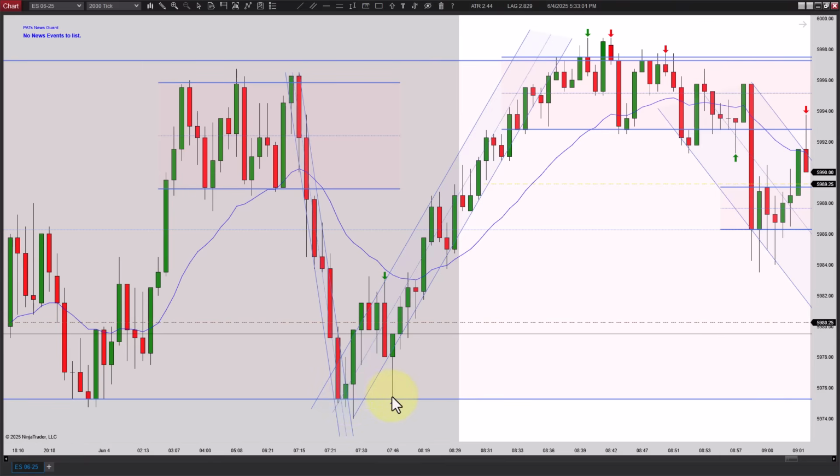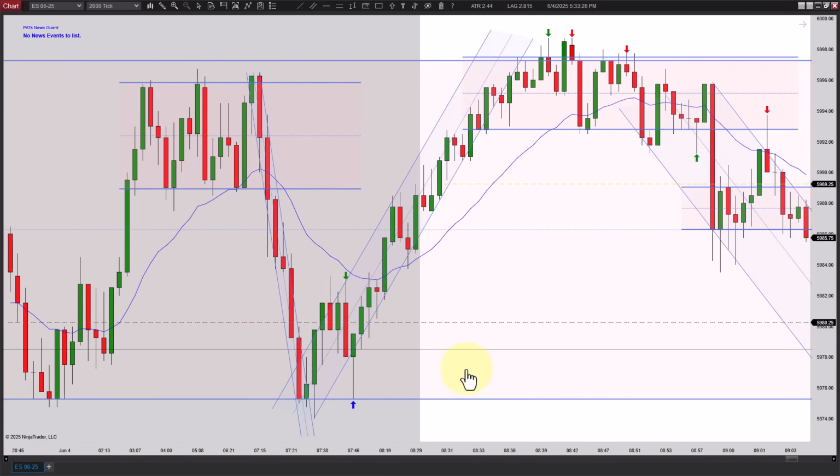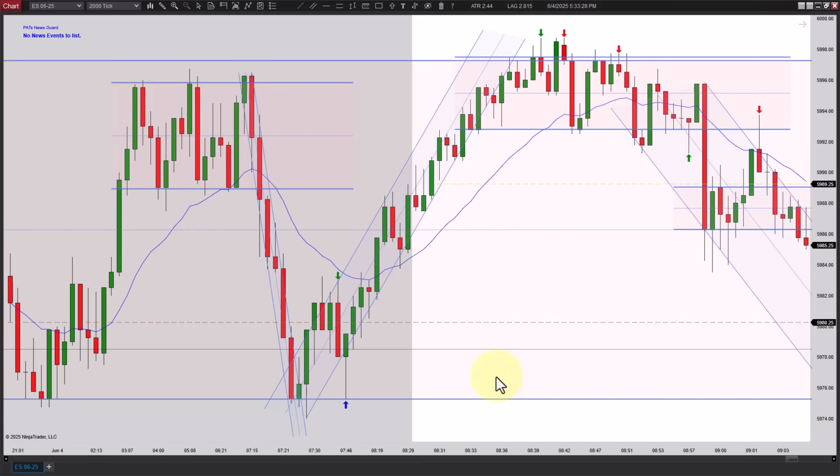There's a chance you may not come back down here again, but it is a nice second entry with a nice signal bar, and we just got a break of that down channel. So there's a good chance it'll come back down here and test this again. Maybe you go short there, maybe you don't. I marked it green. There are arguments for it both ways. I don't think it's a sure thing, so for that reason I marked it green.